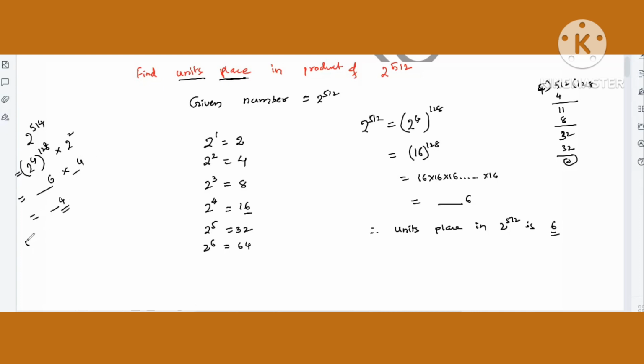So the units place in 2 power 514 is 4. So you can find the units place digit for any number like this. Thank you. This is exercise number 2. Take care. Bye.